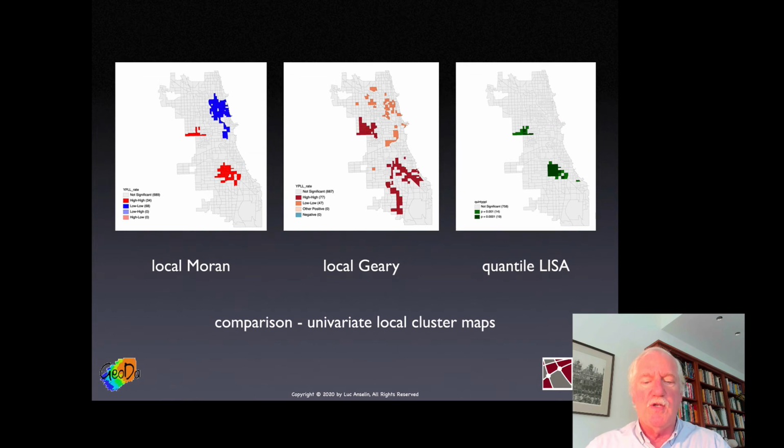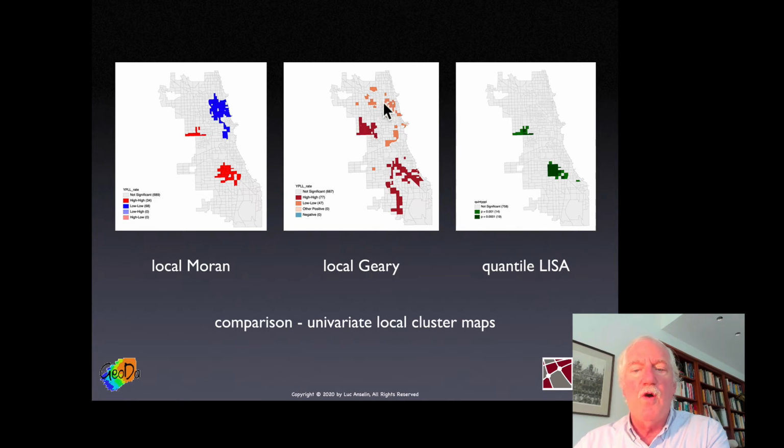And just to put things a little bit into perspective, here's a comparison of the results of the local Moran I. Here on the left, we see high here, high there, low over here. Local Geary, high, slightly different setup. This is similar to local Moran, but much larger.